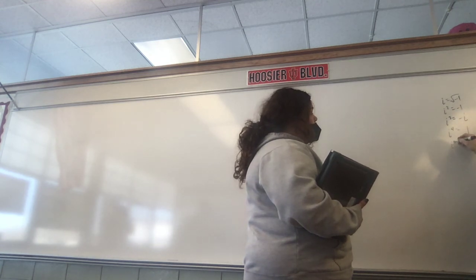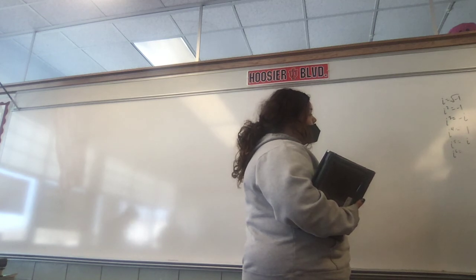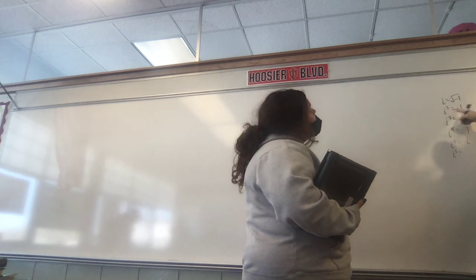Now, if I said i to the fifth, it's the same as i to the fourth times i. i to the fourth is 1. 1 times i is i. i to the sixth is i to the fourth times i squared. Well, i to the fourth is 1. 1 times i squared is i squared, which is negative 1.